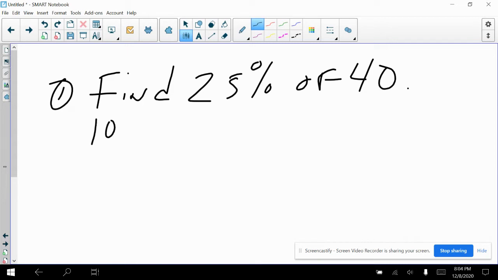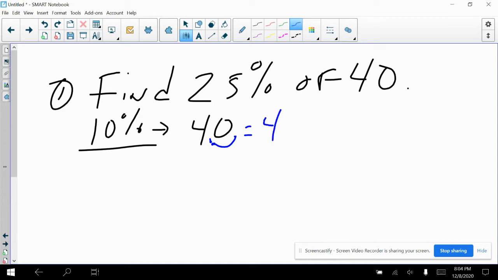If we use the 10% rule, right? If you recall, if we find 10% of 40, the decimal moves one place to the left, right? So 10% of 40 is going to give us 4. Okay, and again, if we double that, that's going to give us 20% there.